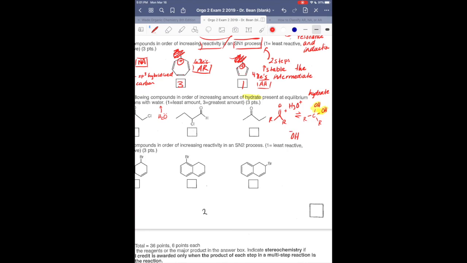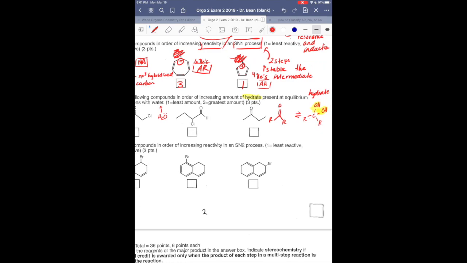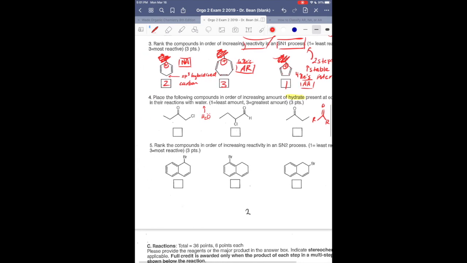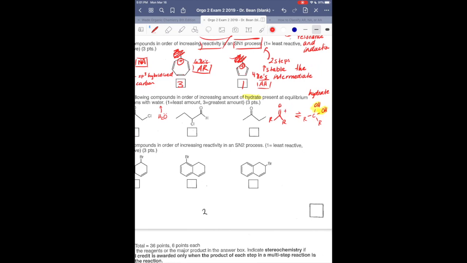You're going to see OH minus, right? So one of these two is going to help to give you that hydrate, okay? But let's ignore what type of catalysis is happening here. It doesn't really matter for the purpose of the question. What matters is that we're going from this ketone on the left, we're adding water, and we are forming what is called a hydrate, okay?